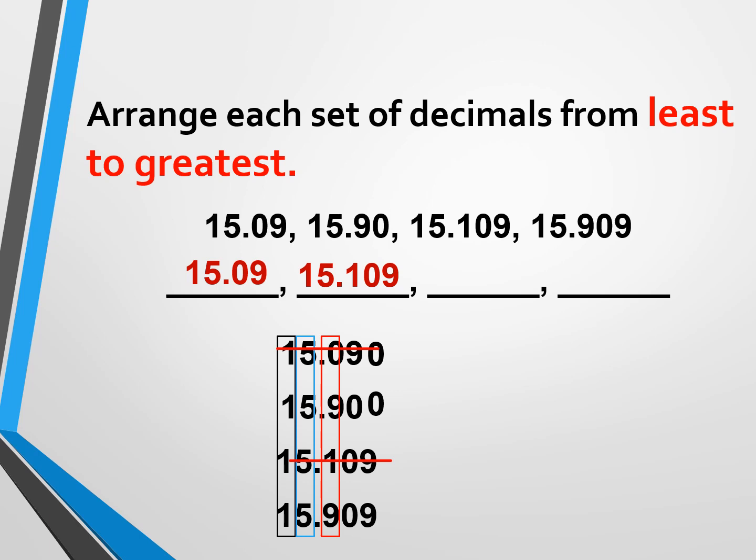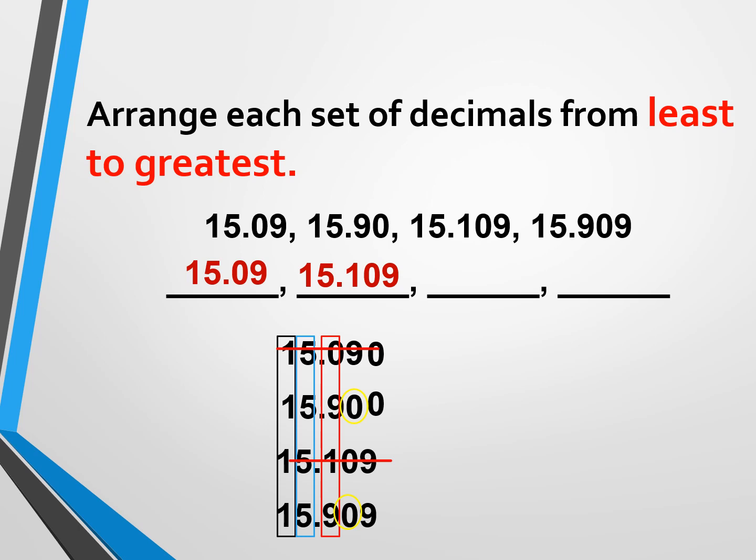Now, since the two remaining decimal numbers have the same number in their tenths place, what we are going to do is proceed in comparing. So after the tenths place is the hundredths, compare it. So they got 0 and 0, so they are equal.